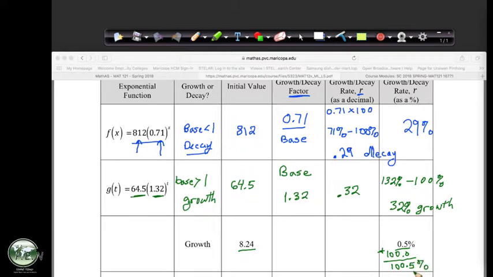Okay, and then I can use that if I divide this by 100, right? Turning the percentage into a decimal, I can say my base actually is going to be 1.005. And what's my rate as a decimal? Take this divided by 100, it's going to be 0.005.